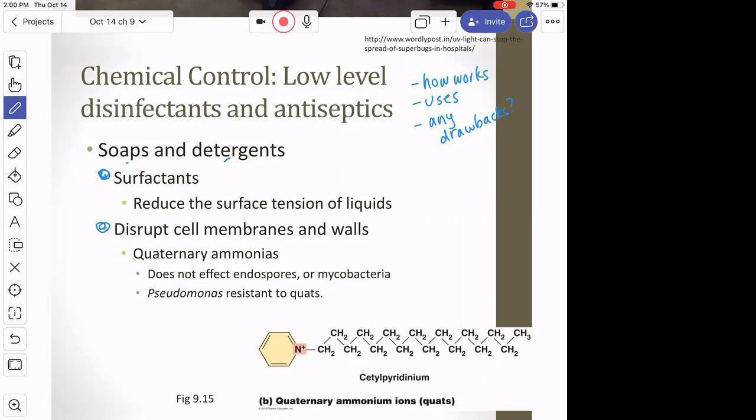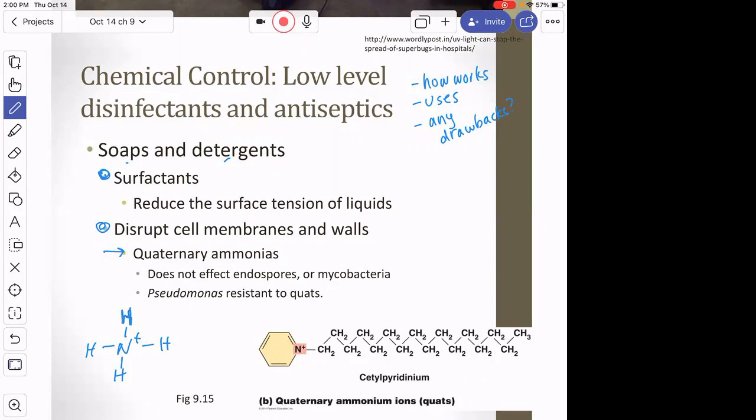Something like a detergent. Here's an example of a detergent, quaternary ammonias. We often refer to them just as quats. What are quats? Basically, an ammonia ion has 4 hydrogens like this. Okay, so a quaternary ammonia actually replaces these hydrogens with some other functional group.